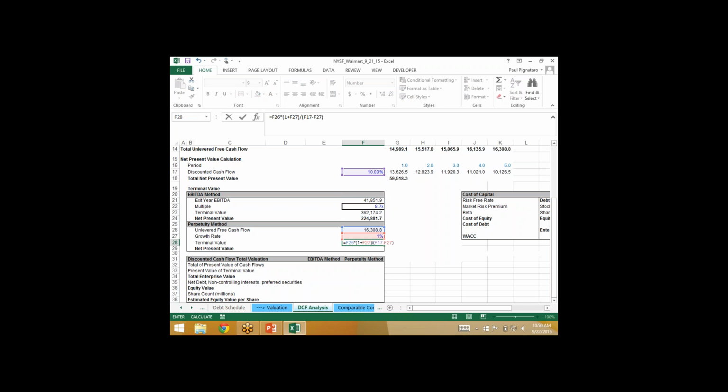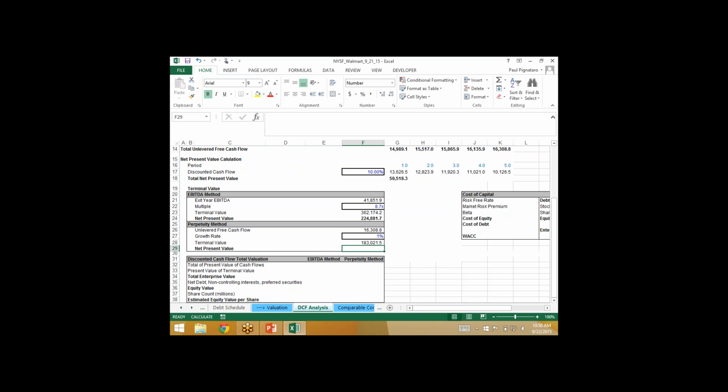So F26 times, in brackets, 1 plus F27, divided by F17 minus F27. And that will give you 183 billion.